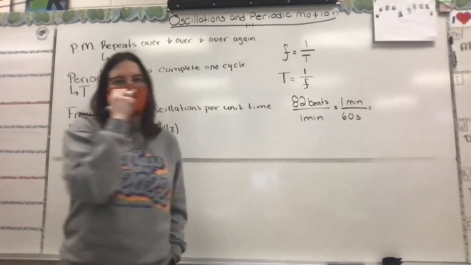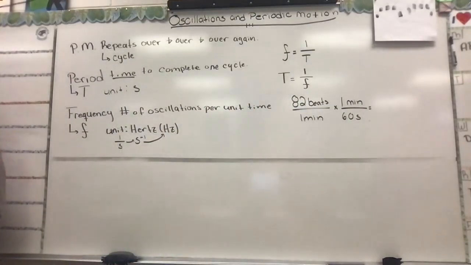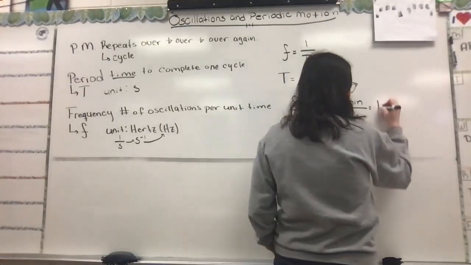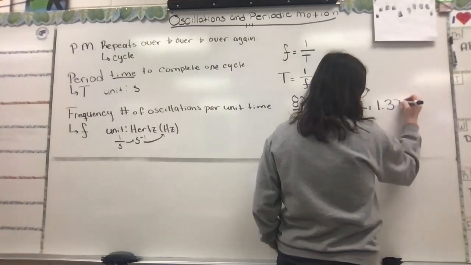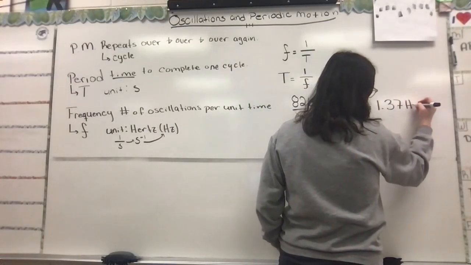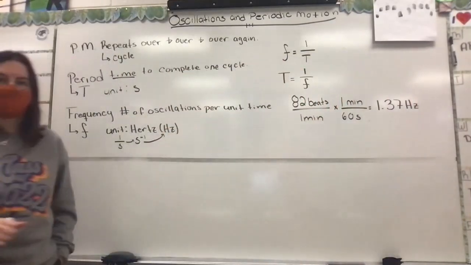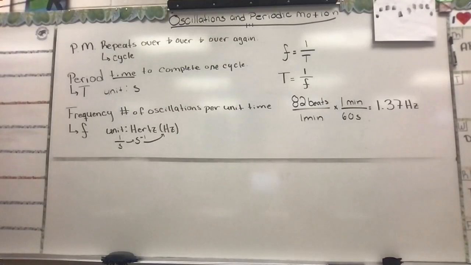So what is the frequency of our heartbeats? How many heartbeats do we have every second? What are the units? Beats per second would be hertz, because our beats are oscillations.